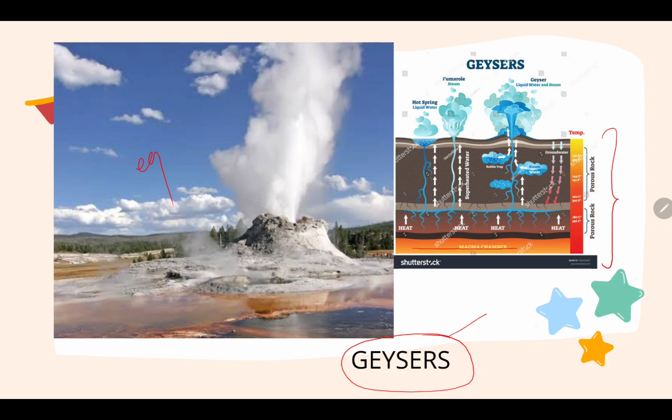This is a magma chamber, and when evaporation takes place, heat will take place, and some water will be here, then it will get heated up, and if there is a certain channel, then it will come out. So every now and then there are so many geysers around the world.